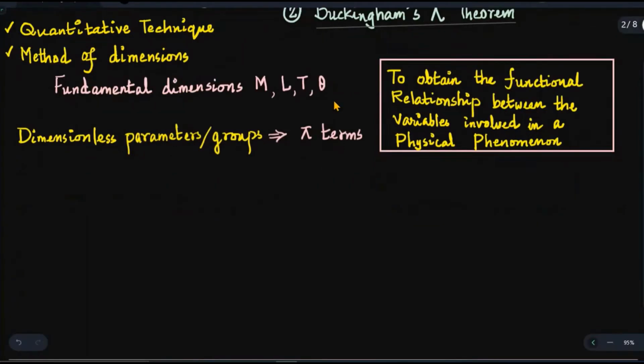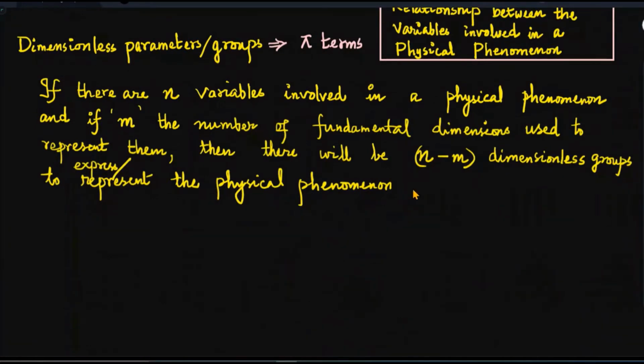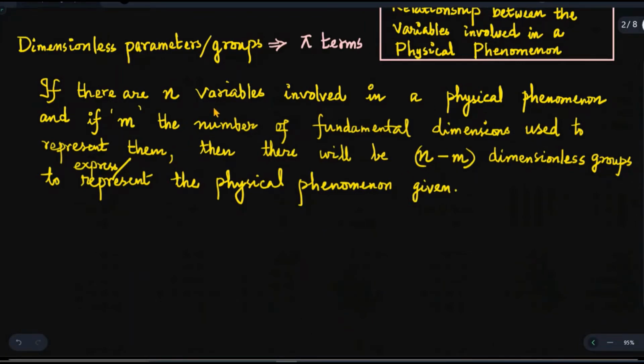So let me tell you what this Buckingham Pi Theorem is. This is the classic statement of the Buckingham Pi Theorem. If there are n variables involved in a physical phenomenon, and if m is the number of fundamental dimensions used to represent those physical variables, then there can be n minus m dimensionless groups to express the given physical phenomenon.